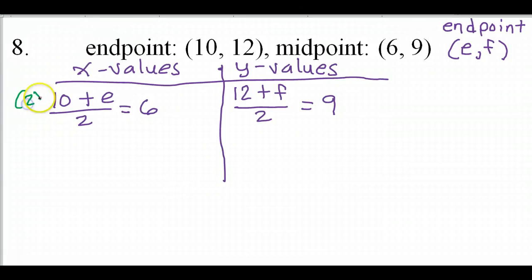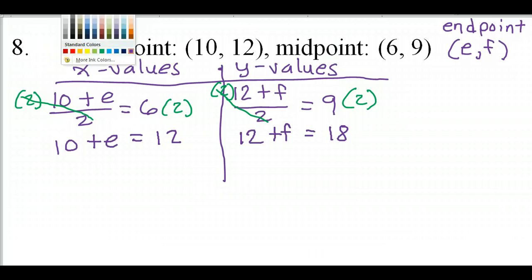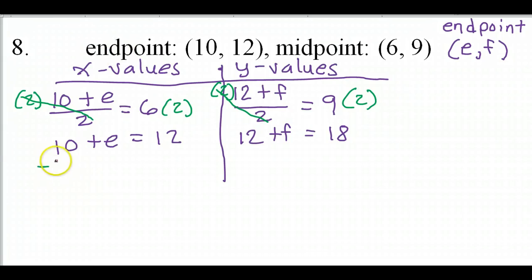Okay, so multiply by 2 on both sides, and here again multiply by 2 on both sides. These 2's are going to cancel each other out. So that will give me 10 plus e is equal to 12. This will give me 12 plus f is equal to 18. Got to get e by itself, so subtract 10 from both sides.